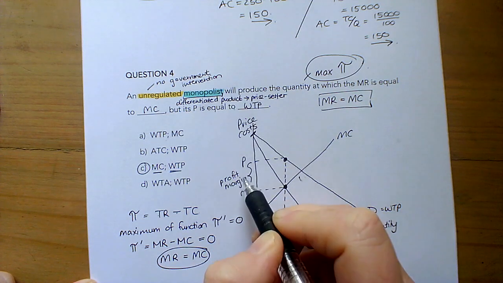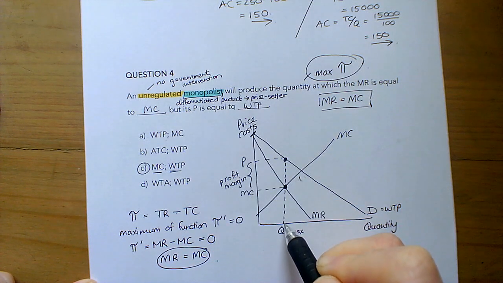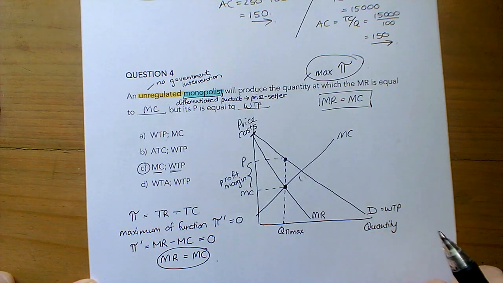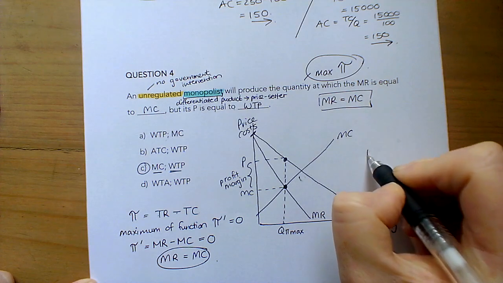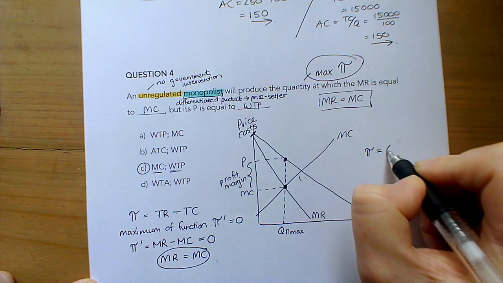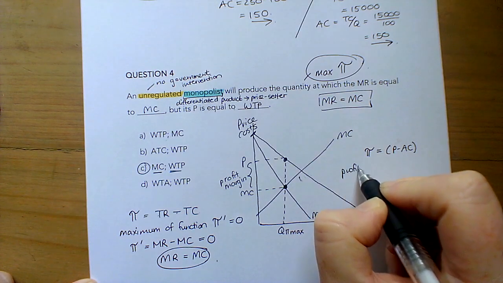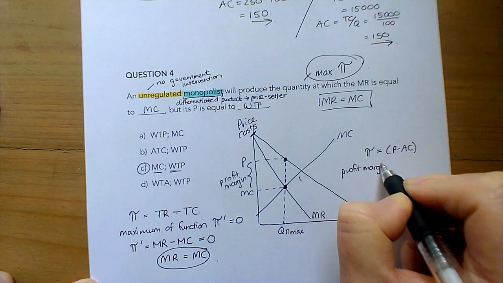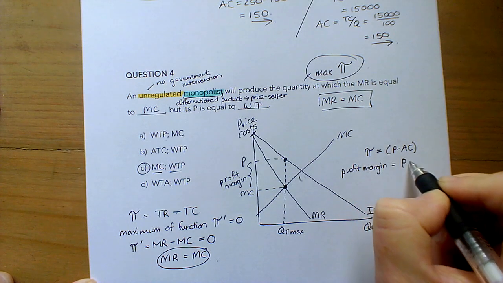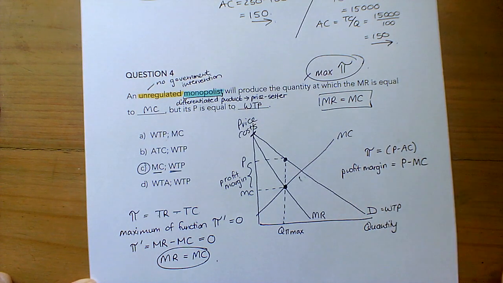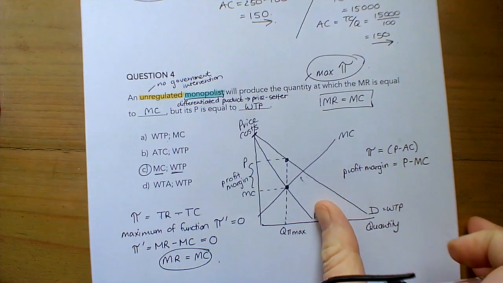So it is the profit that is made at the margin for the last unit produced and sold. So profit on a unit is price minus AC. The profit margin, so the profit on the last unit produced, is price minus MC. So that's the distinction between profit and profit margin.